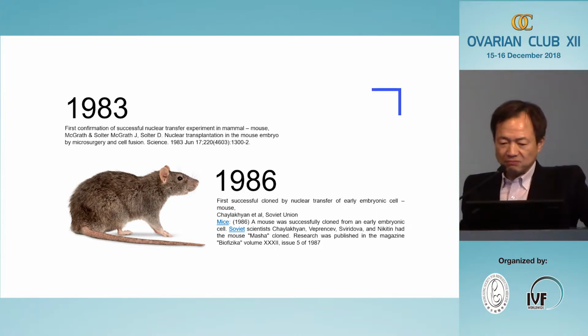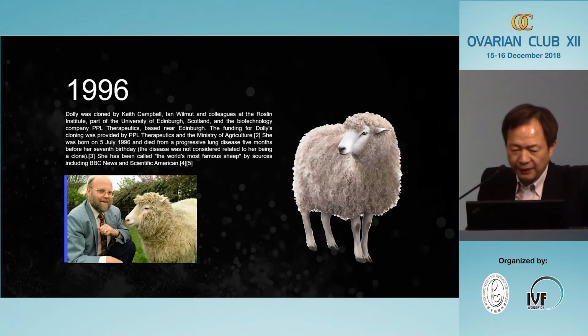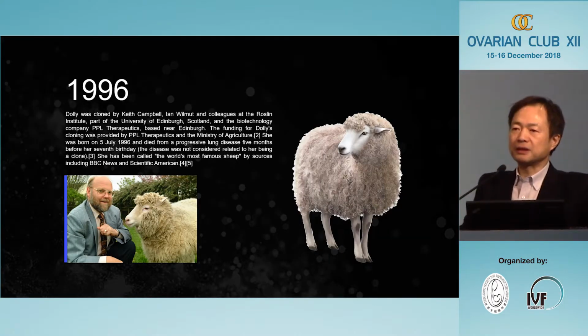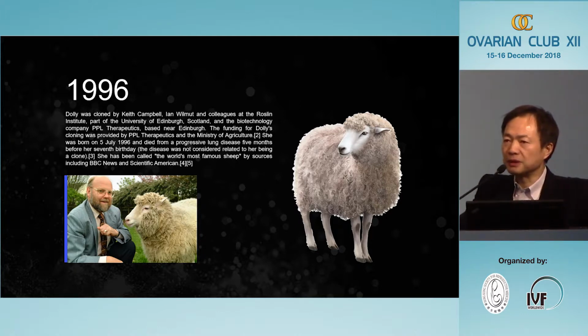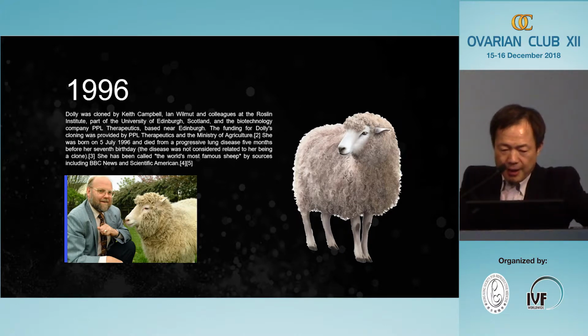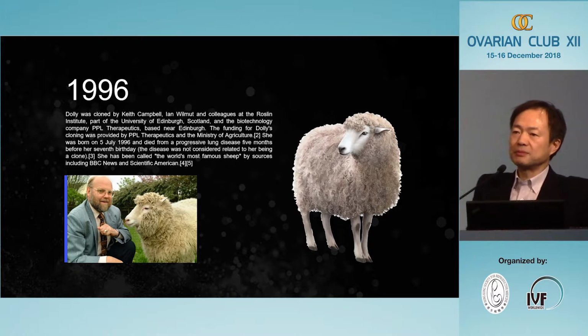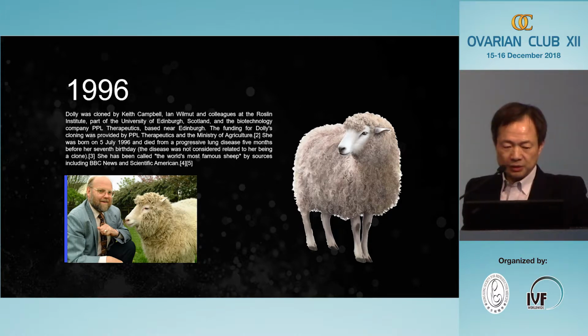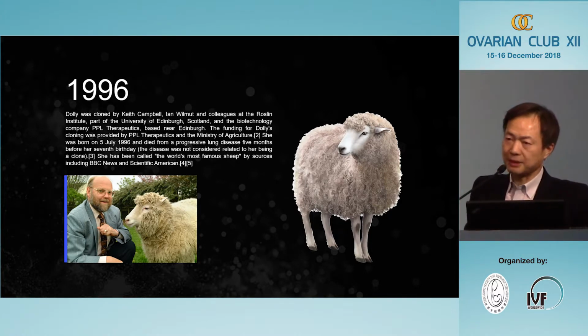The real breakthrough, when cloning became very well known to the general public, happened in 1996. That was the very first time cloning was successfully done, with Dolly, using a somatic cell.